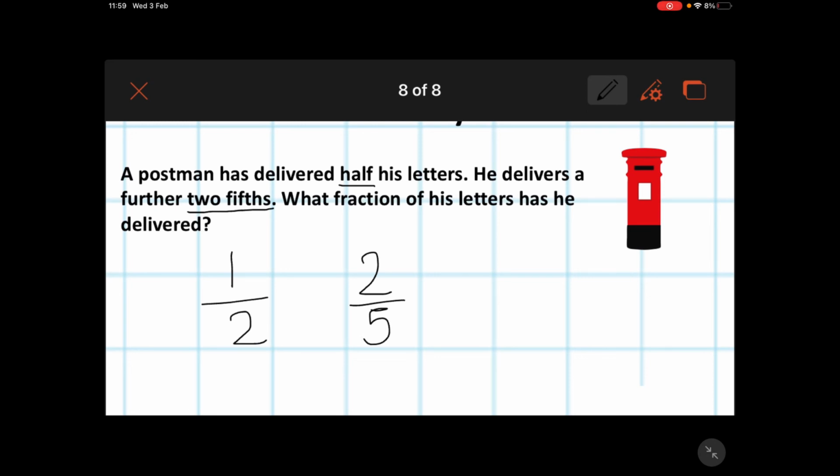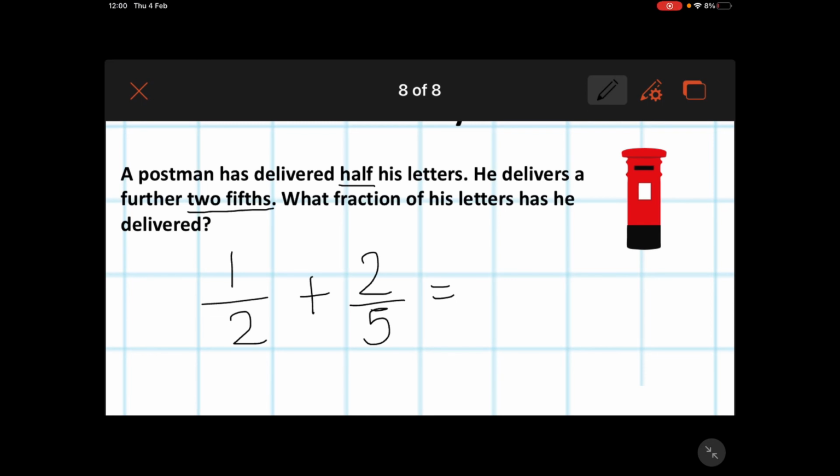Okay, great. Now we know the two fractions that we're dealing with, but what do we need to do to these two fractions? What fraction of his letters has he delivered? So we need to know the total, how many he's delivered altogether. So you should know we must add. Now you'll notice that I don't have a common denominator. Now to do that, I'm going to multiply my two denominators together.